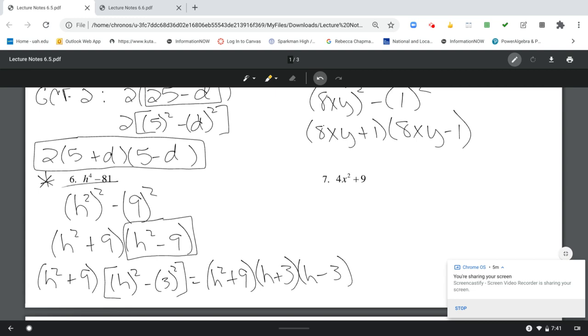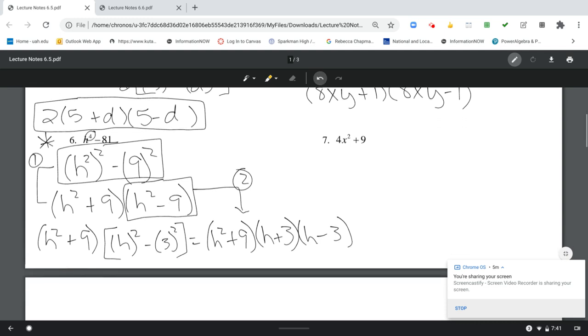So I had to do the difference of squares here. That's the first round. And then I had to do the second round here. So be very, very careful. The only time you have to do the double difference is when your exponent is bigger than 2.